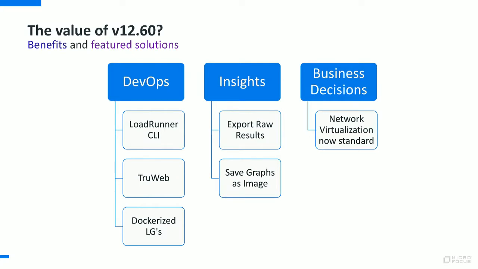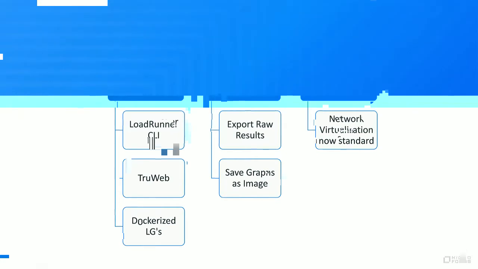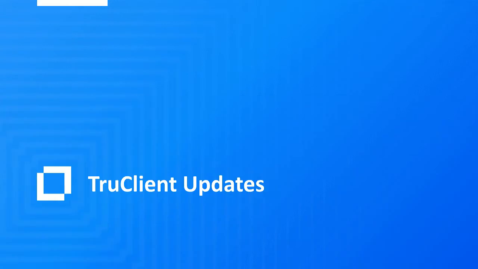One will be about protocol and technology surrounding our scripting solutions and some highlights in our scripting solutions. Then we're also going to talk about some of the features that were added to LoadRunner itself within 1260. The first part I'm going to start with is Truclient, and then work my way down to non-web protocols.